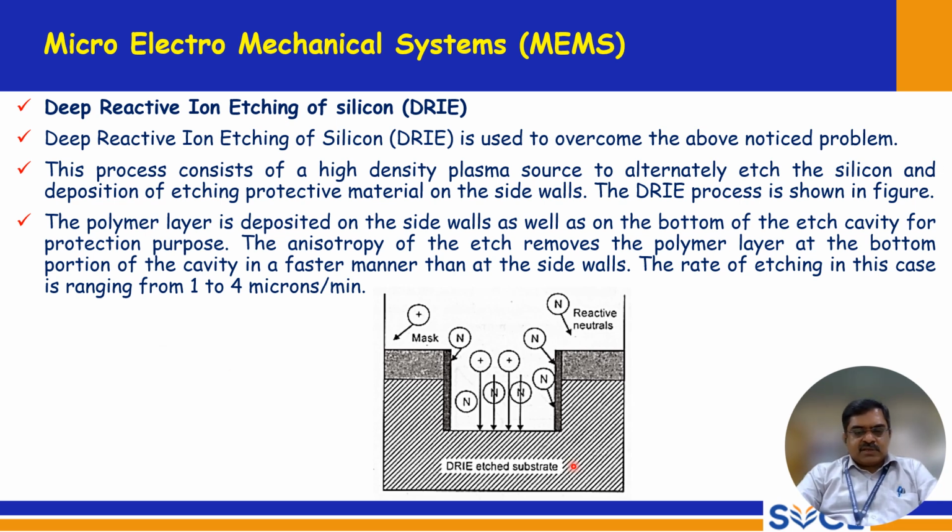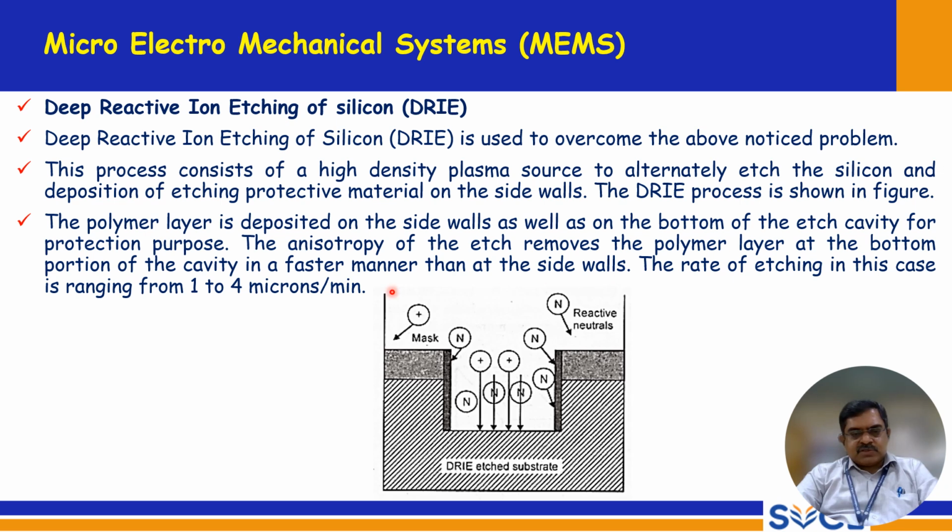So here this is the dry etched substrate, and the positive and negative ions and reactive neutrals are acting on the surfaces, and this becomes the mask. In this process, a polymer layer is deposited on the side walls as well as on the bottom of the etched cavity for protection purposes. The anisotropy of the etch removes the polymer layer at the bottom of the cavity faster than at the side walls.